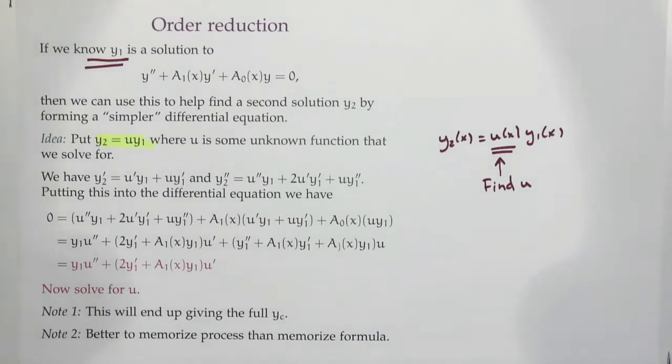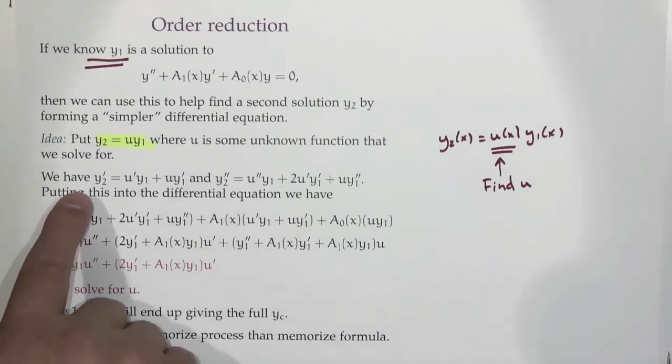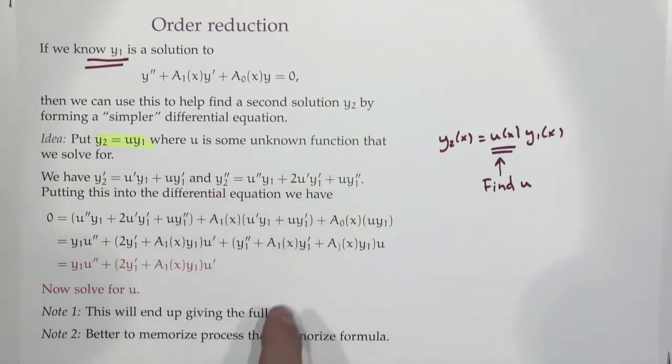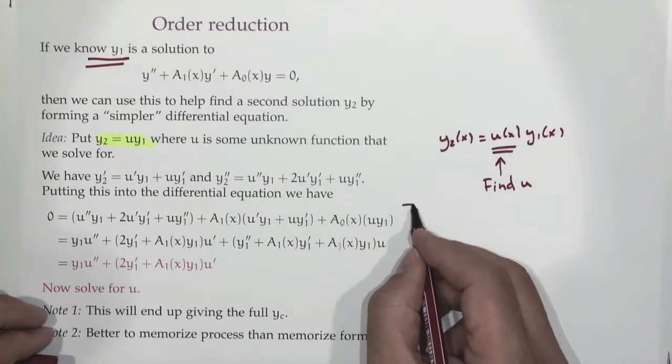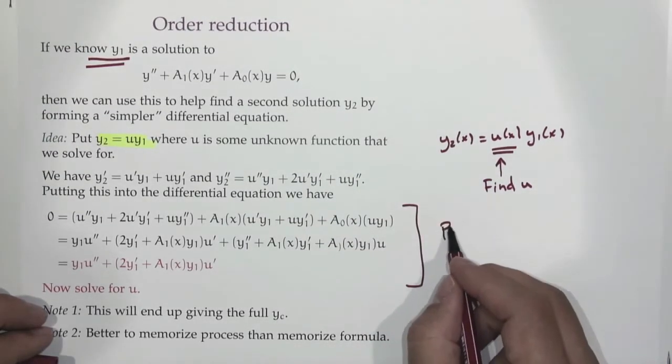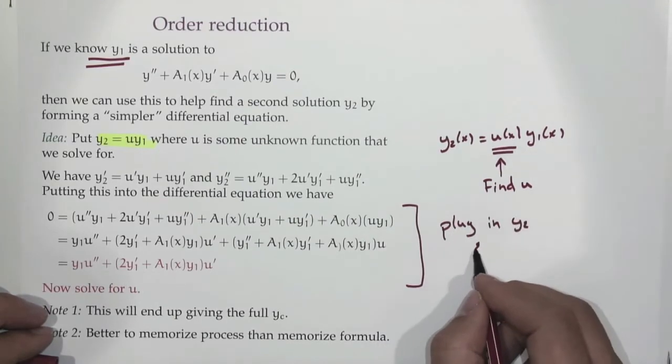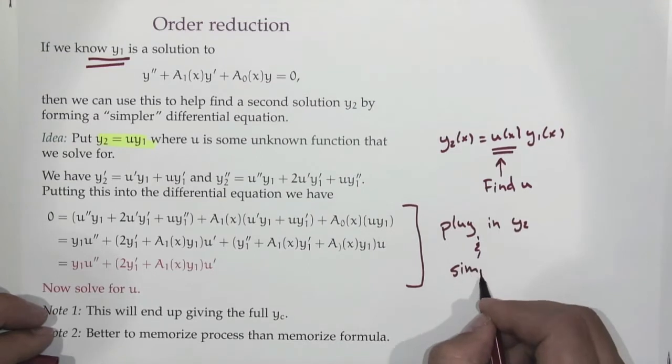Well, of course, that means you have to know the derivative, which means product rule. You have to know the second derivative, which means a couple more product rules. And you plug it in. So this part is our plug in of y2, and then the other part is to simplify.